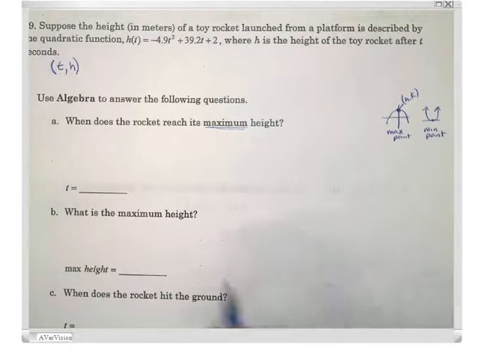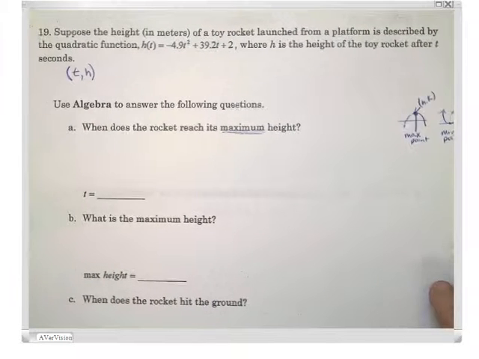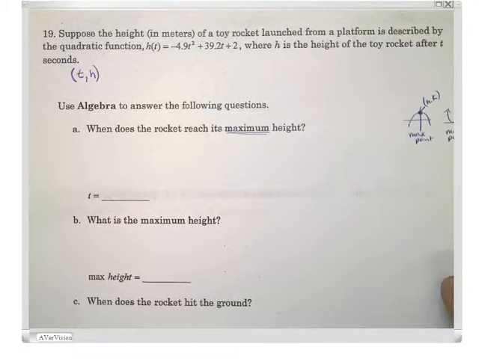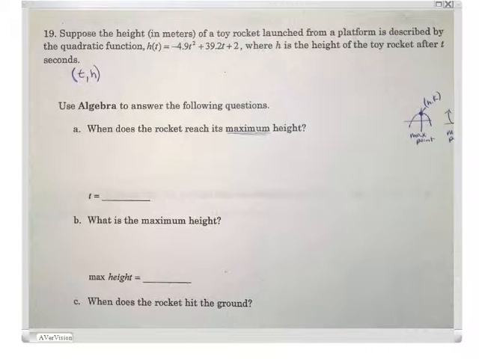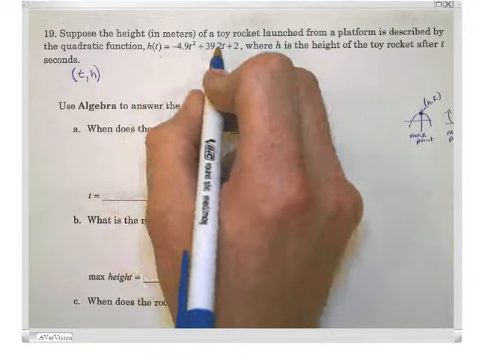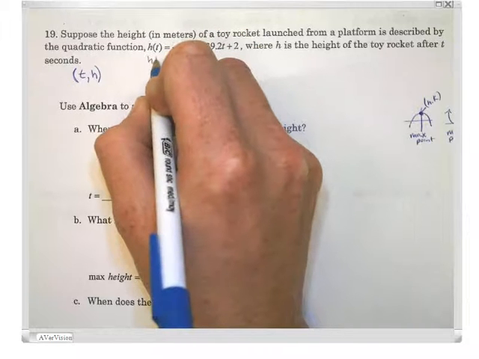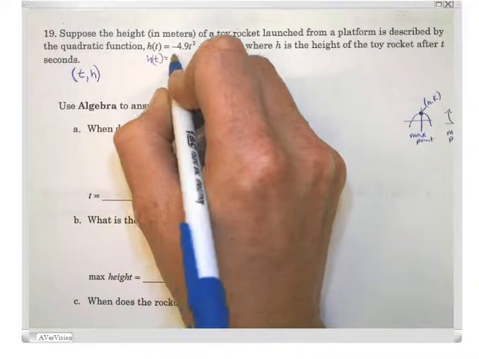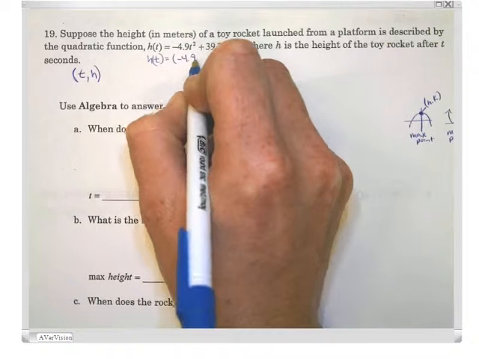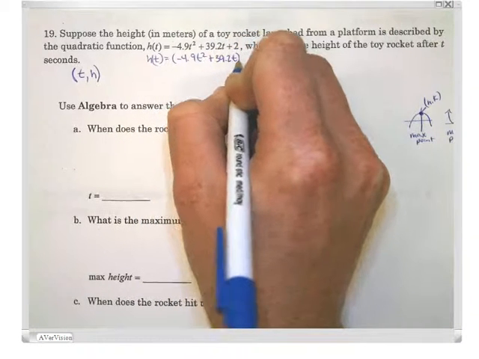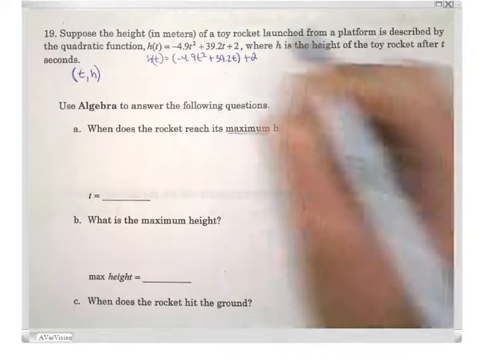So there's a couple ways to do this. We can find a vertex by using the equation opposite of b over 2a, or putting this equation in vertex form. I will do both for you. So we can start by putting this equation in vertex form by grouping together the negative 4.9 t squared plus 39.2 t terms, and then keeping out your plus 2.